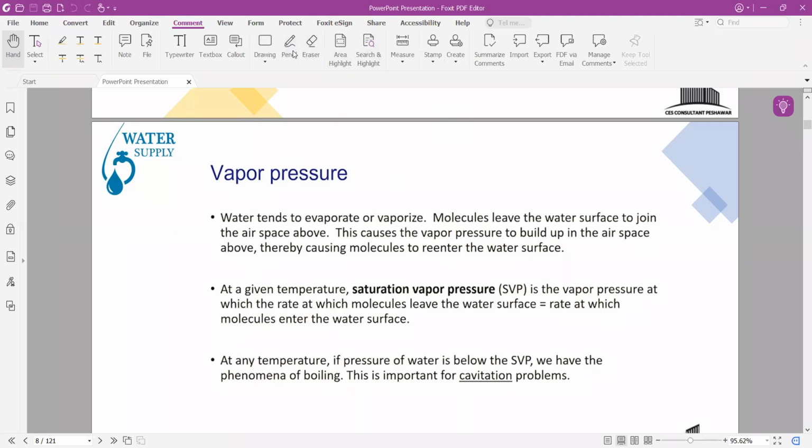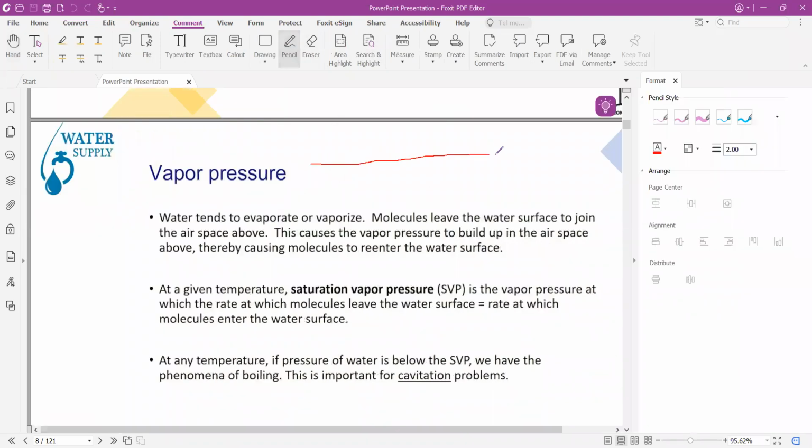when the fluid, just consider this a pipe, and here we have a wall. So when the fluid flows through this path, the pressure at this point decreases compared to the upstream and downstream.